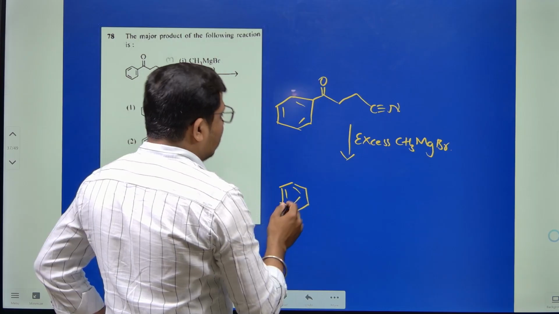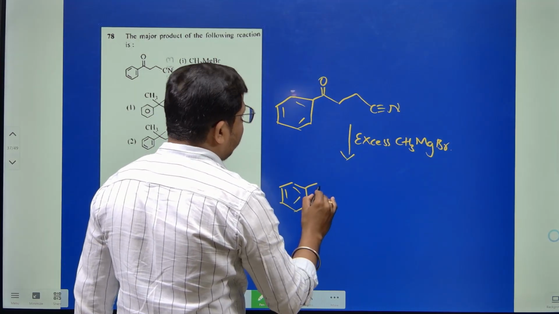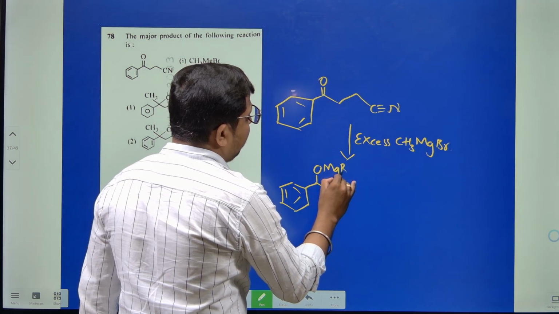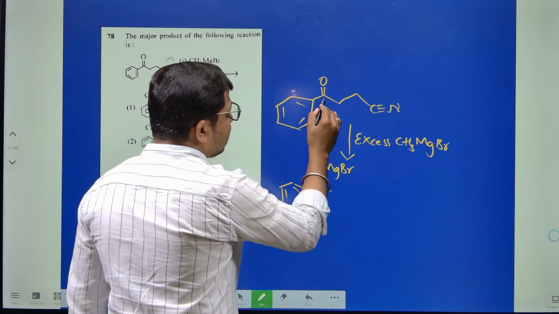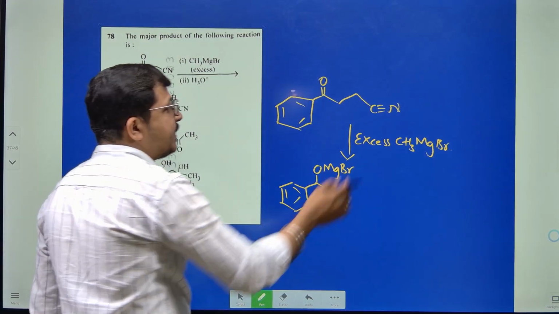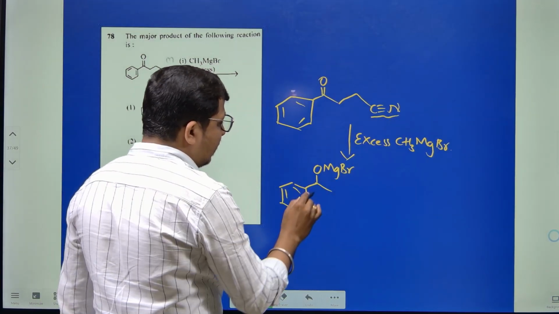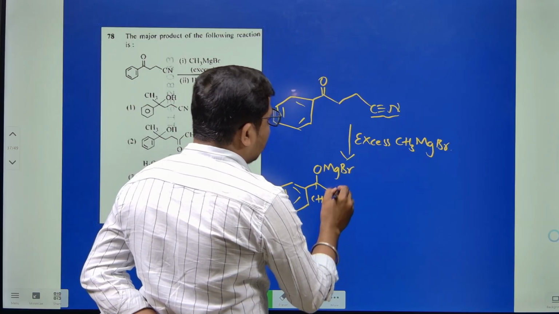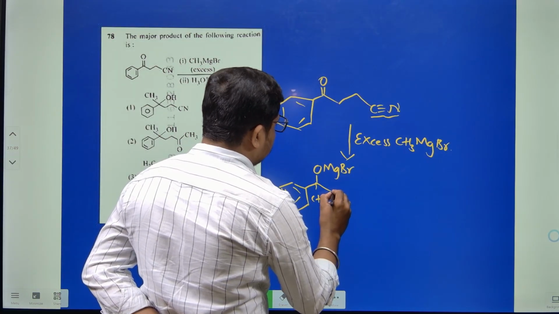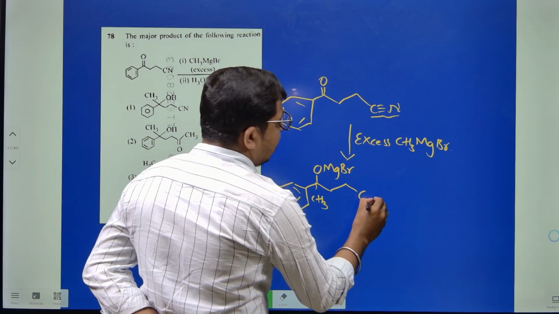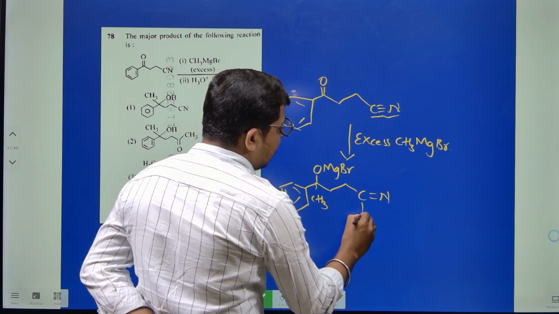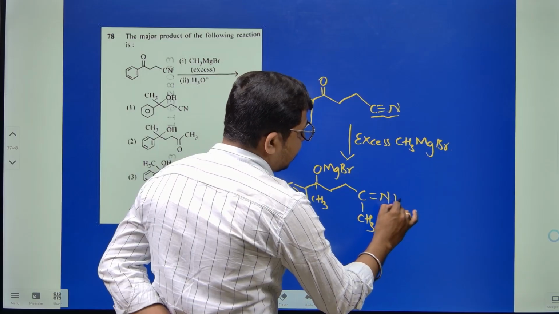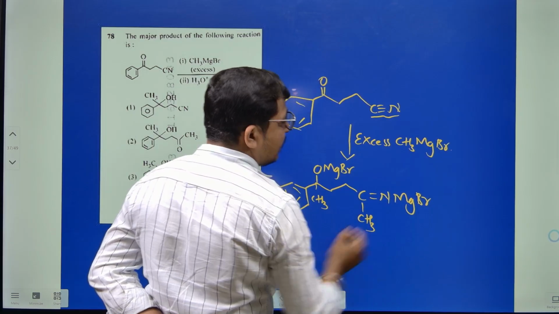This is a Grignard reagent, which will attach to the carbonyl carbon as well as the nitrile carbon. Therefore, with CH3MgBr, this becomes C double bond N, where one more CH3 is attached, then MgBr.